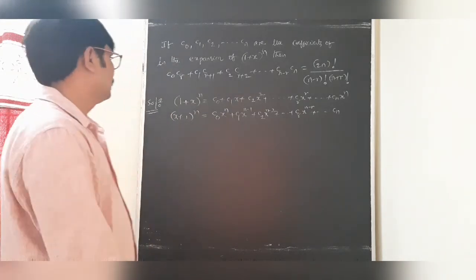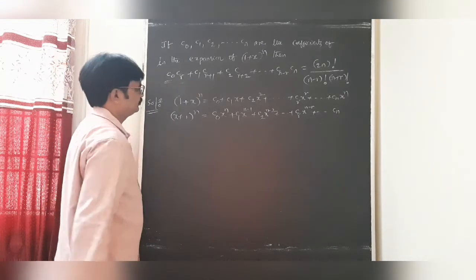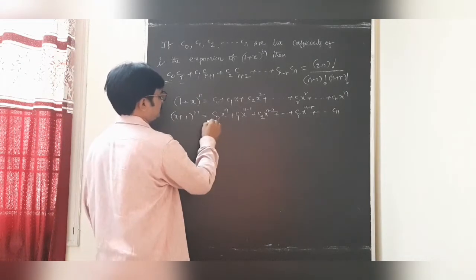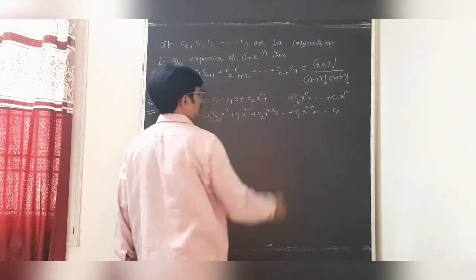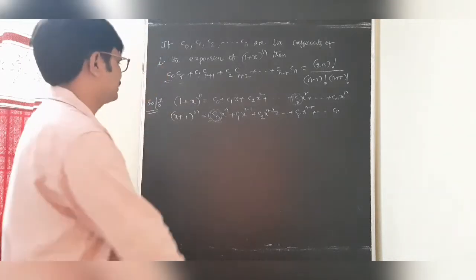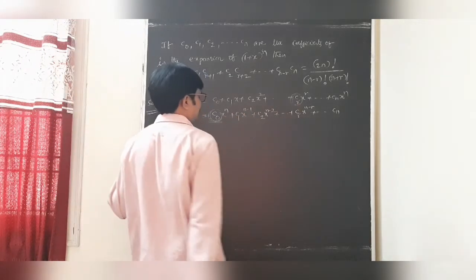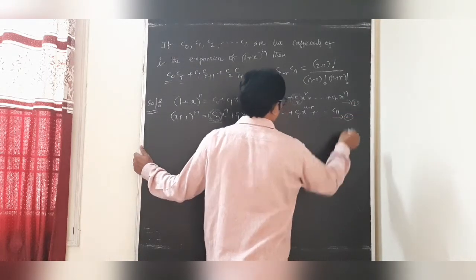My dear students, is there C0 Cr? Suppose this is C0, is there Cr? Now we are equating the coefficients of x^(n+r). This is 1, this is 2.